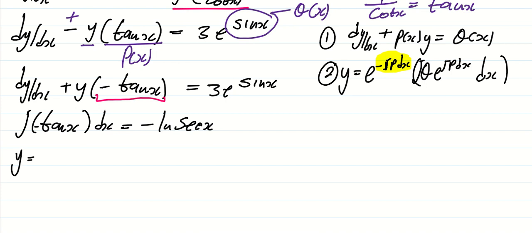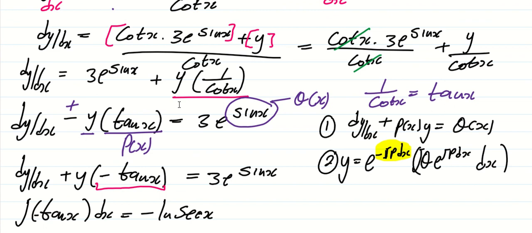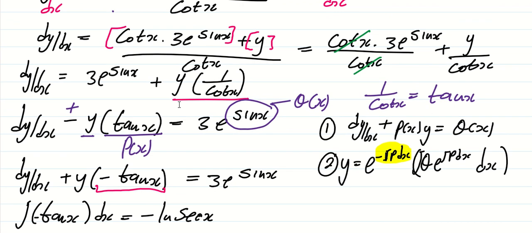You'll have y equals e to the power of minus open bracket minus ln sec x. Okay, so remember this.